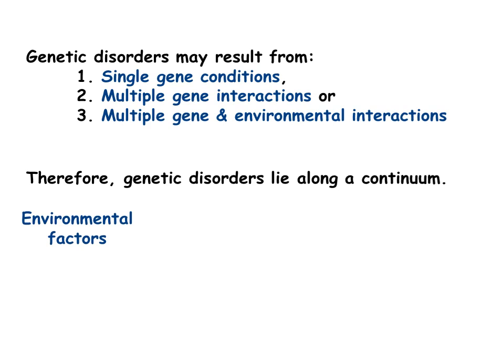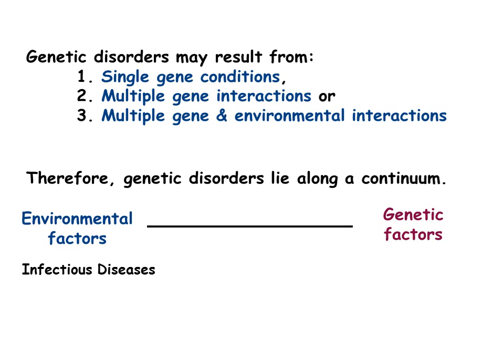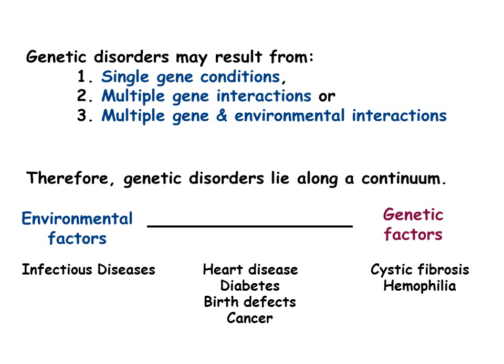You have disorders that are environmentally determined, in many cases as a result of an infectious disease or exposure to a poison. At the other end, you have diseases caused by a mutation in a gene or chromosomal disorders, and that would be the other far extreme. But most disorders are somewhere in between: heart disease, diabetes, birth defects, cancer.